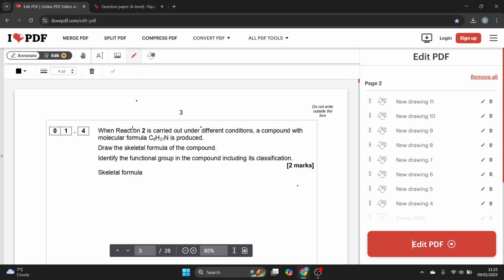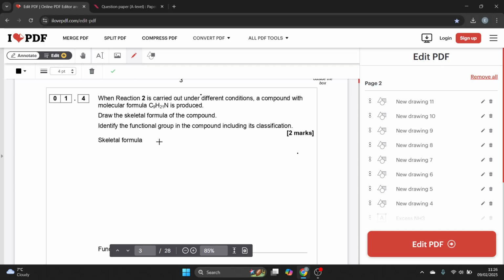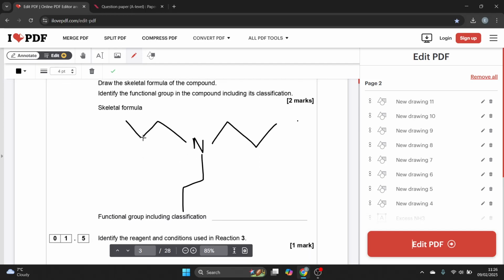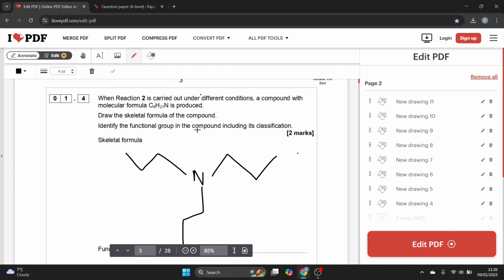Anyway, when reaction 2 is carried out under different conditions, a compound with a different molecular formula is produced. Draw the skeletal formula of the compound. It should just look something like this: 1, 2, 3, 4, 5, 6, 7, 8, 9, and obviously your N group.